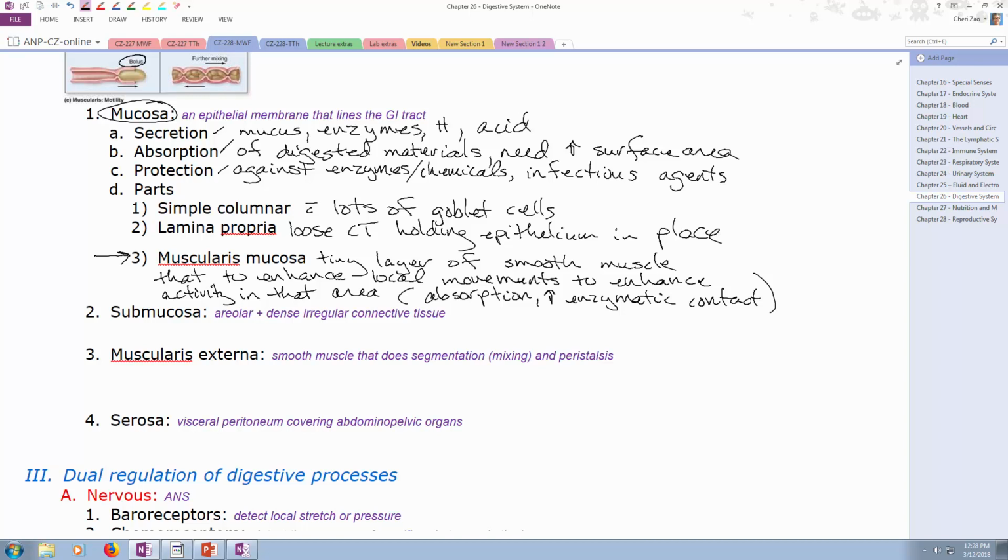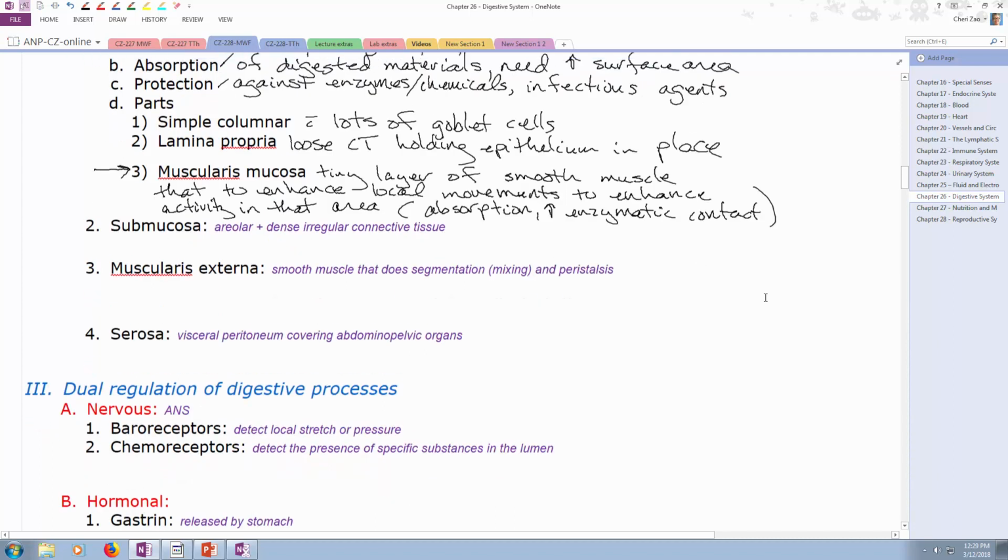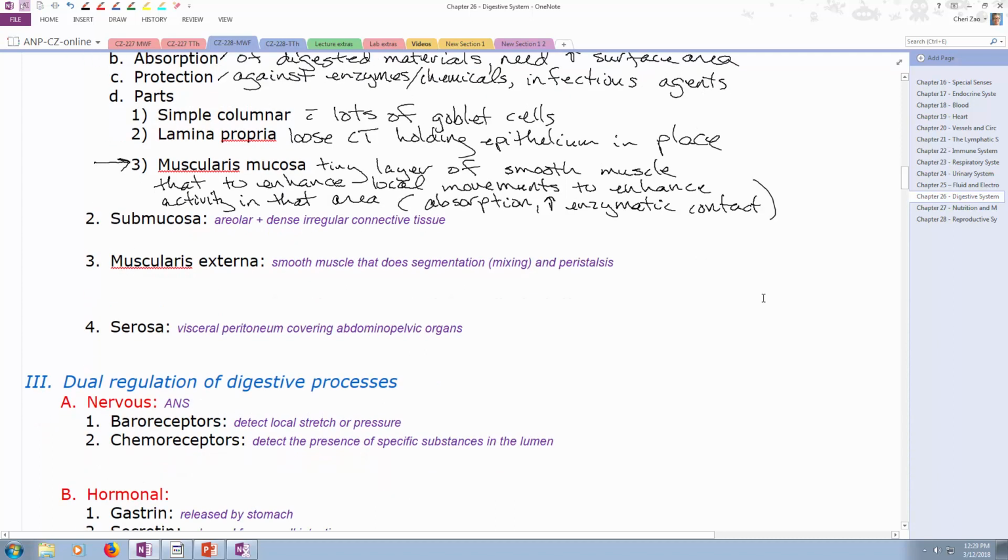Our submucosa, areolar, which is loose CT, plus dense irregular connective tissue, and that's kind of like what we saw with the skin. Do you guys remember? In the papillary layer, we had areolar, and then we had dense CT. So this construction is very common. It helps with vascularity for the mucosa. And then the dense irregular connective tissue is also going to be used to keep things properly stuck and capable of expanding without ripping and things along that line.